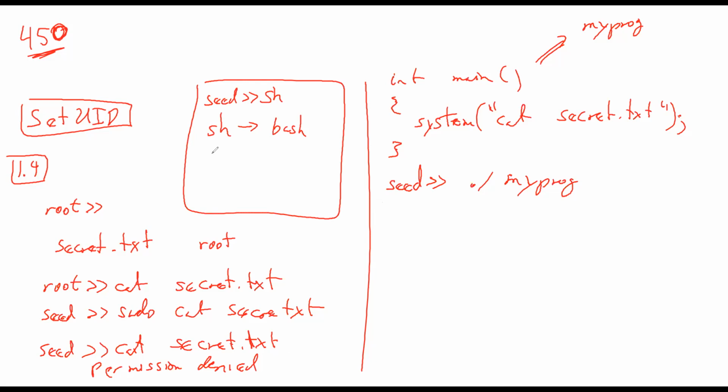But if you change the SH link from bash to CSH, the other program, then CSH has a vulnerability that allows you to retain the effective ID when you go from one process to another. So if you spawn a new process from an old process, CSH allows you to keep whatever effective ID you had in the old process in the new spawned process. And that's the vulnerability. Bash does not have that.